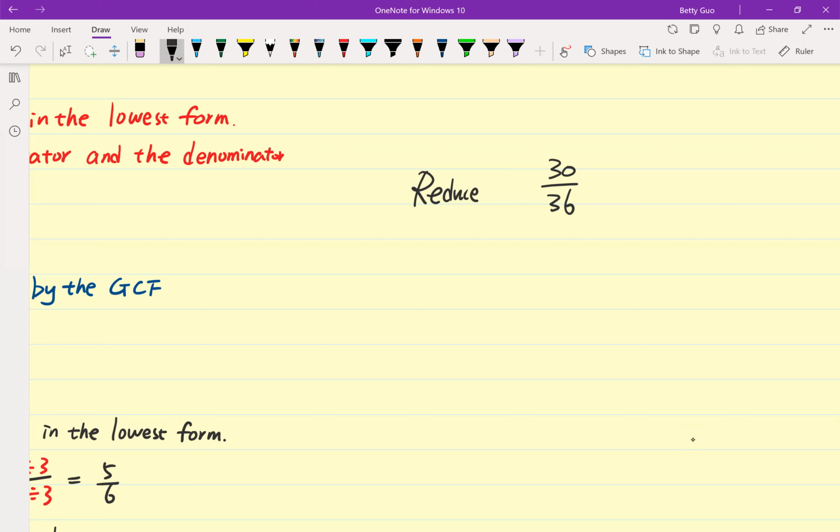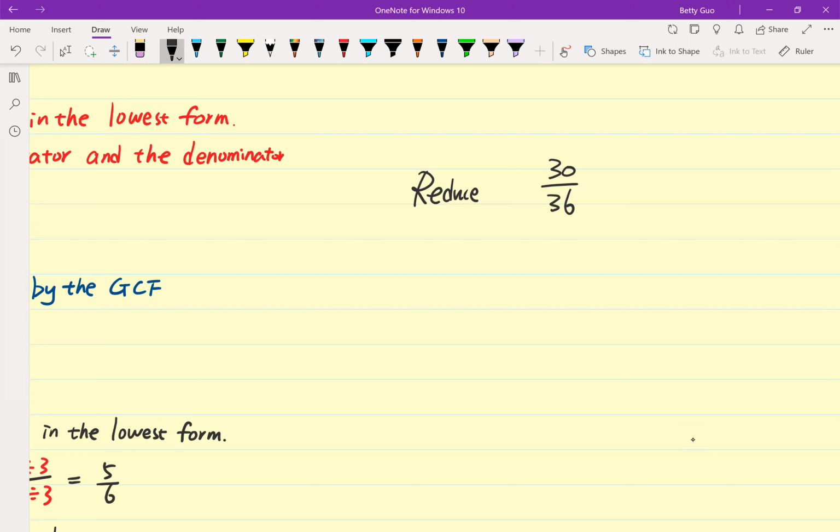Looking at the top and the bottom, can anyone see if this fraction is reduced or not? It's not, right? Obviously the numerator and the denominator are not mutually prime. They have a common factor. Very obviously, the numerator is an even number, the denominator is an even number. So this fraction is not reduced.